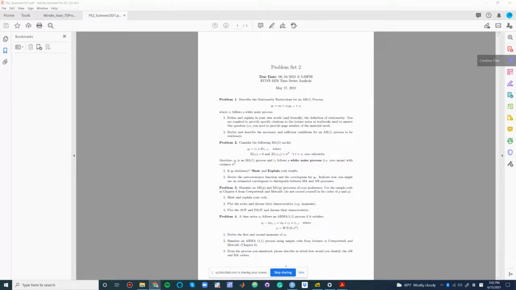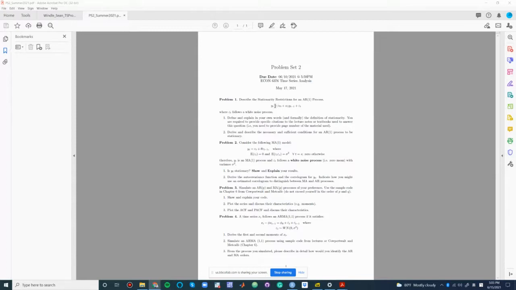Okay, so let's take a look at the first question. The first problem asks you to describe the stationarity restriction for the AR1 process. We know AR represents autoregressive, right? Autoregressive process. And AR1, if we're using mathematical representation, looks like this.